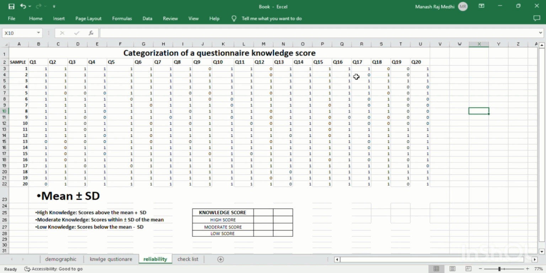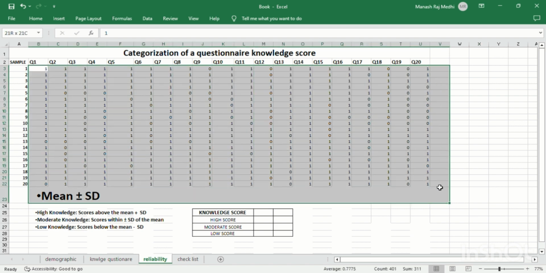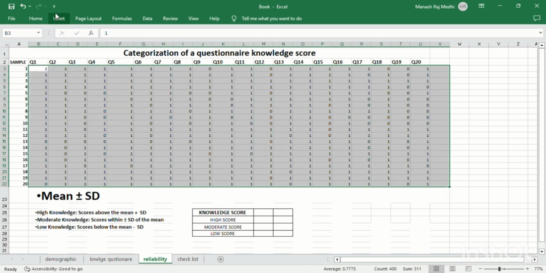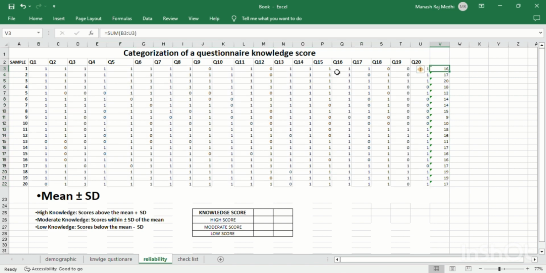Then you have to calculate the total score of each sample. For that, select all the values, click on formulas, then click on auto sum. You can see we got the total score obtained by each of these samples.